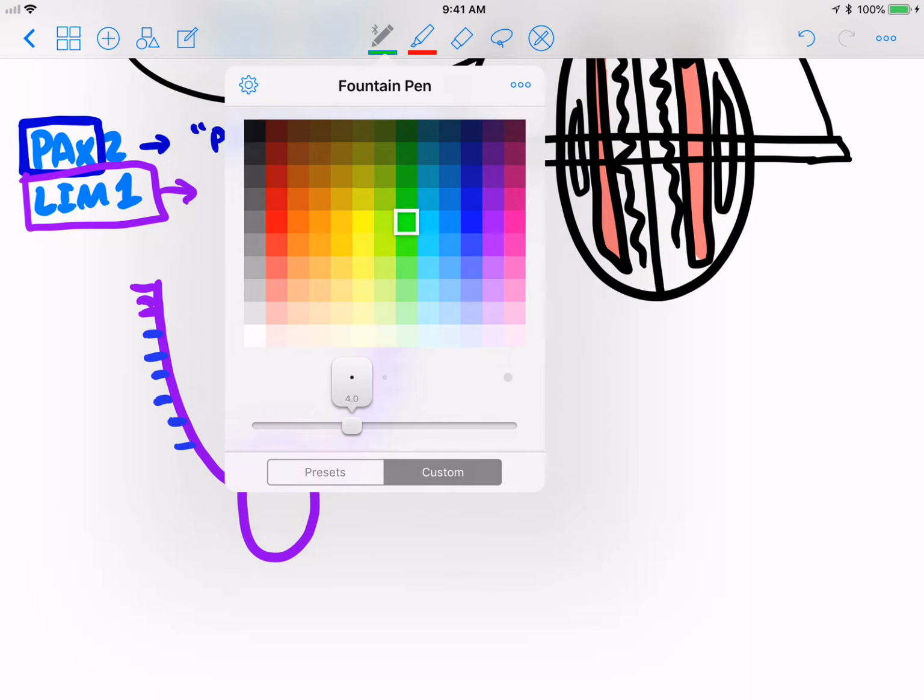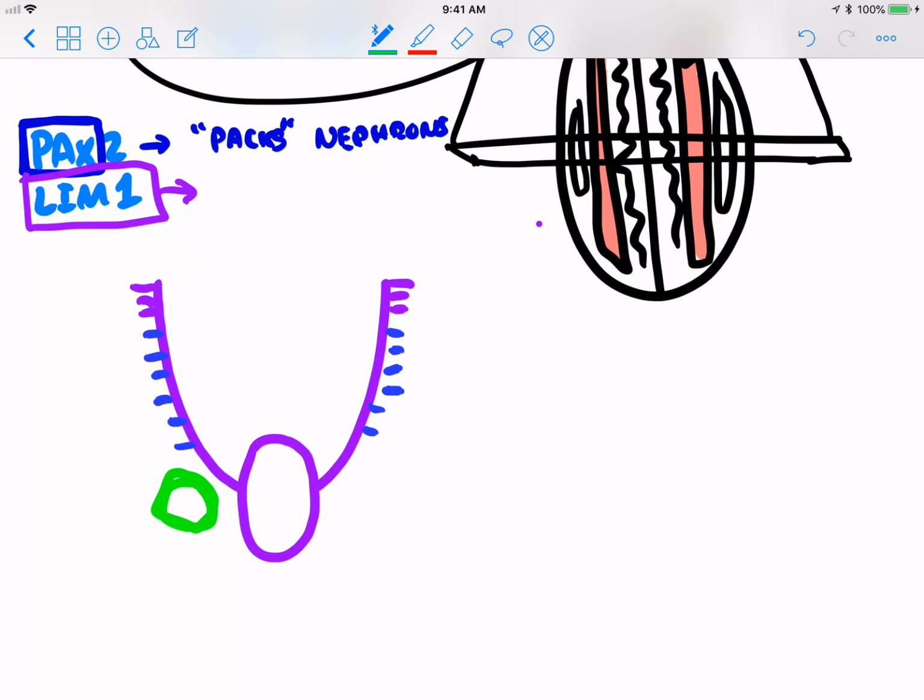And then we get this metanephric mesenchyme formation over here, which we'll talk about in a little more detail. LIM1 sets up this part. And ultimately, this part, which is the ureteric bud, and we'll talk a little bit more about that as well, and how that ultimately branches out into these primitive kidneys.